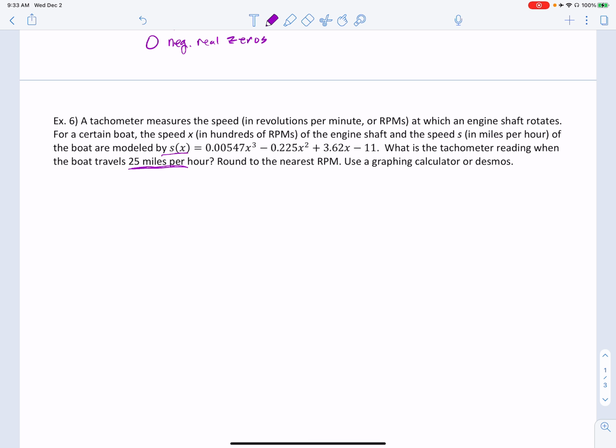So the speed s is your 25 miles per hour. And we want to find the tachometer reading, which is the speed x, that's the variable x. So what should x be so that the output is 25? So what we're trying to solve is this.